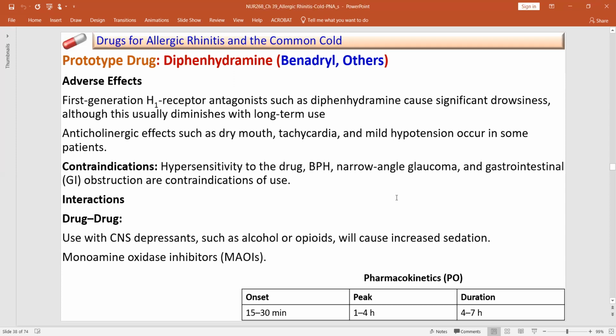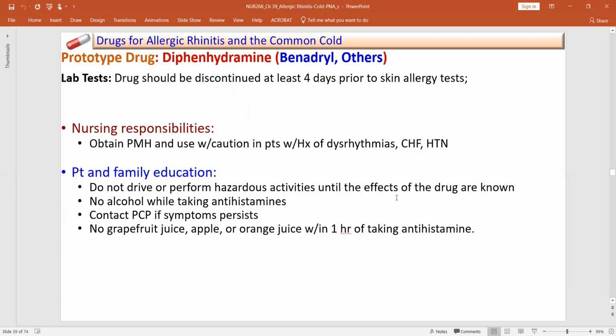The drug should be used cautiously in patients with asthma or hyperthyroidism. In terms of drug-drug interactions, it may interact with MAO inhibitors, the monoamine oxidase inhibitors, because it may cause a hypertensive crisis.